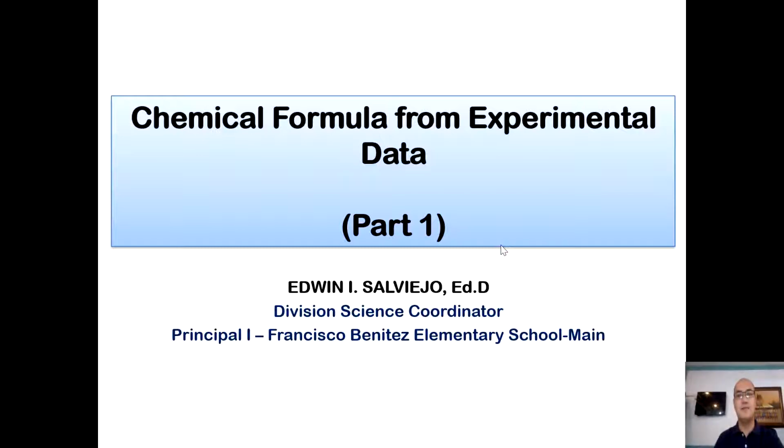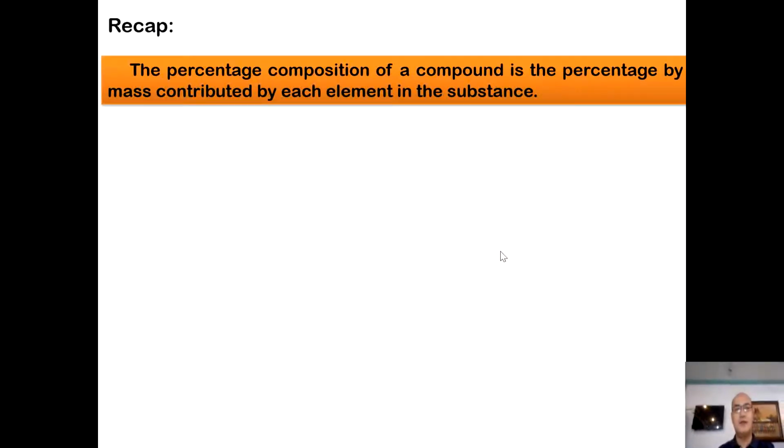Okay, but before we go to the main lesson, let's have a short recap of the content of the previous video tutorial. In the previous tutorial, you learned how to compute the percentage composition of a certain element in a given compound.